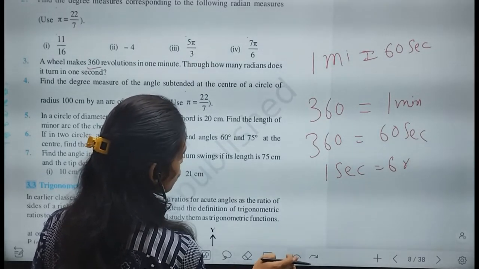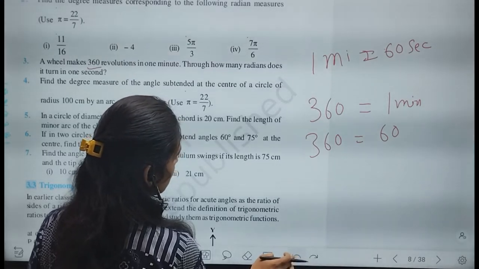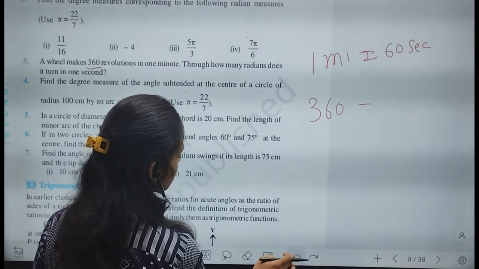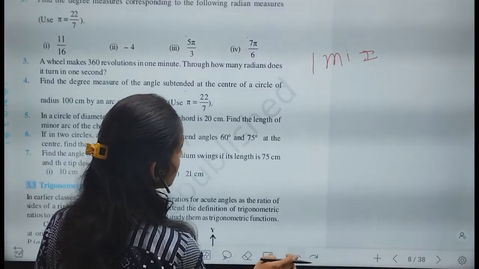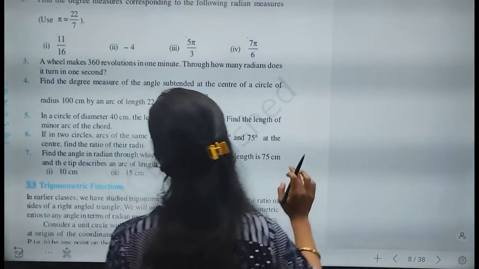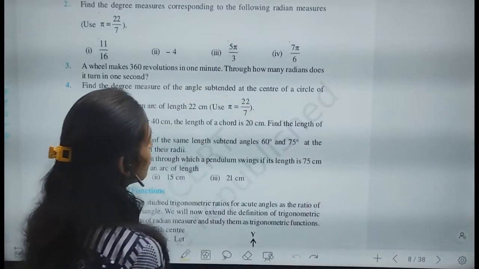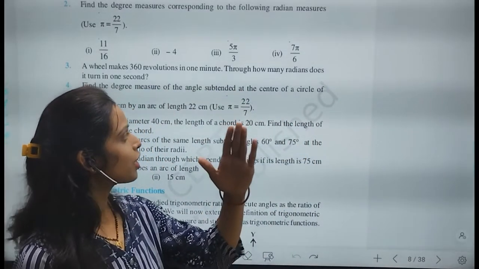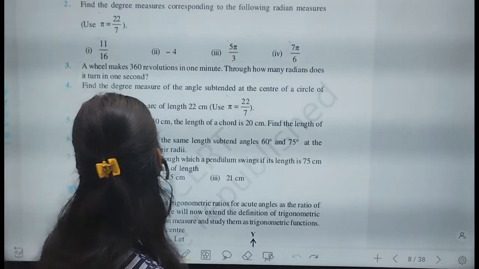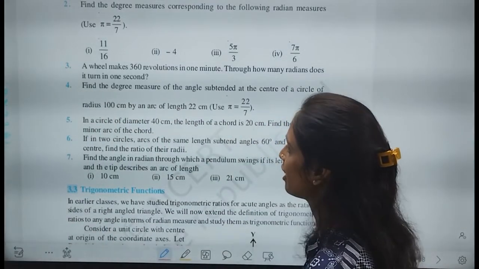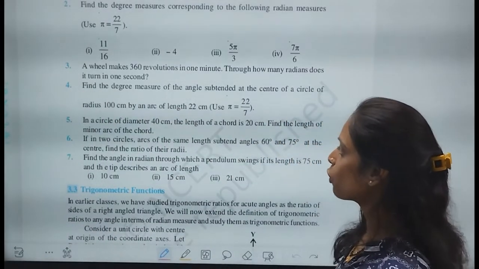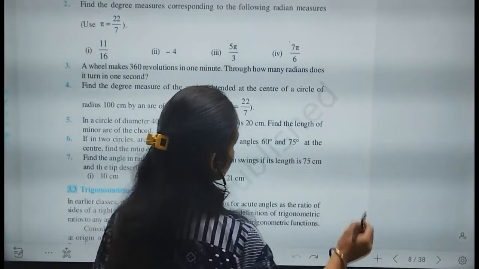What is the next question given here? Find the degree measurement of the angle subtended at the centre of a circle of 100 centimetre radius by an arc of length 22.